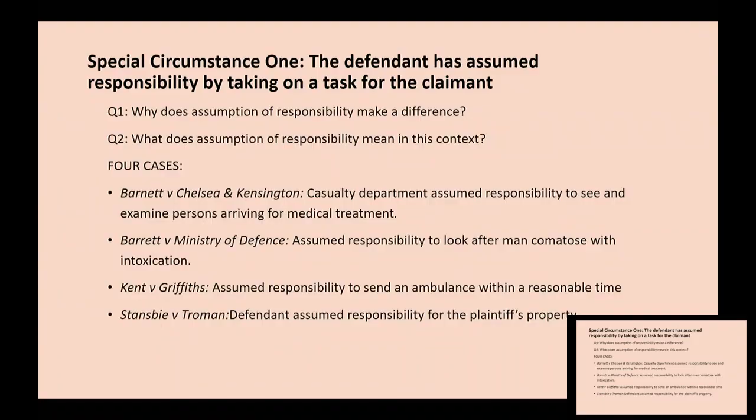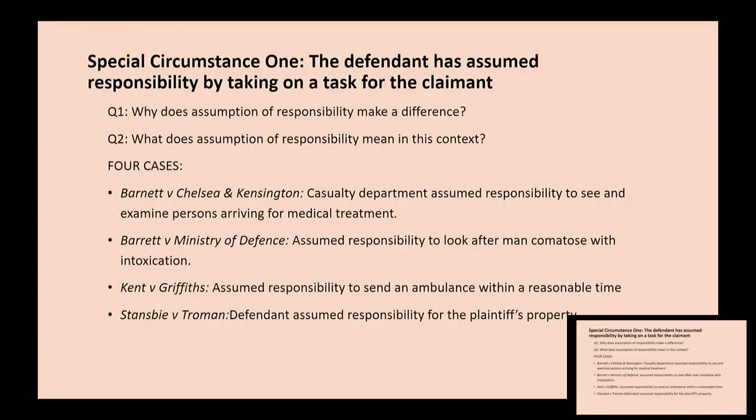The next question is, what does assumption of responsibility mean in this context? It essentially means that A takes on a task for B in circumstances in which it is plausible to imply an undertaking to exercise due care in the performance of that task.